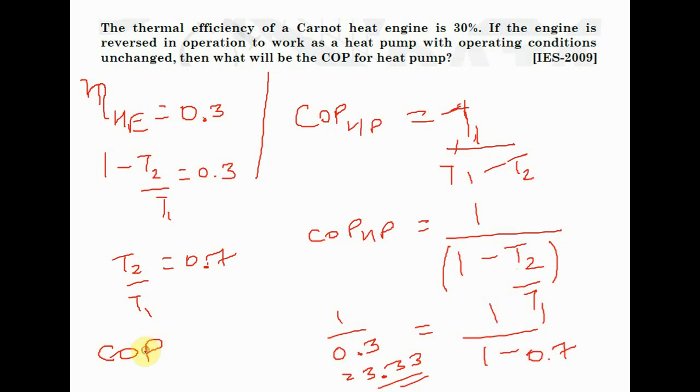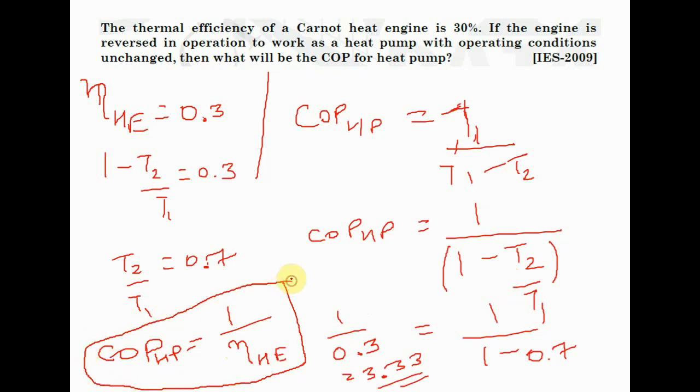So from this we can write a corollary equation, that is COP of a heat pump is equal to 1 upon the reversible heat engine efficiency directly. So if they have given this value, just take 1 upon that value, and you will directly get COP of heat pump.